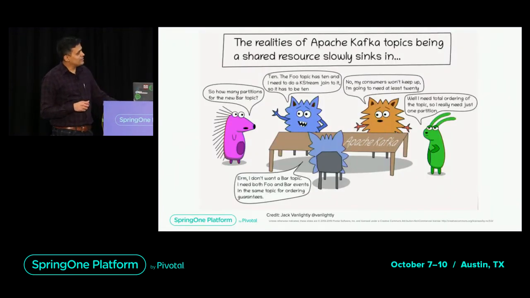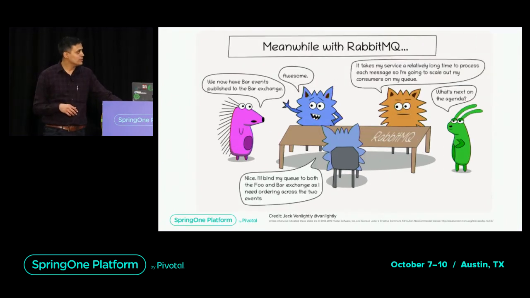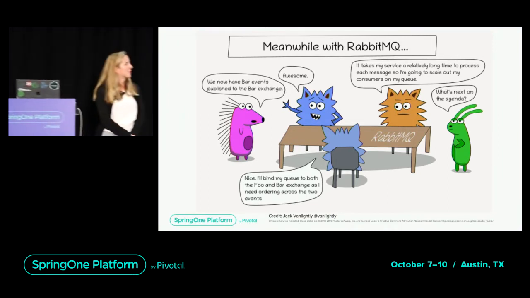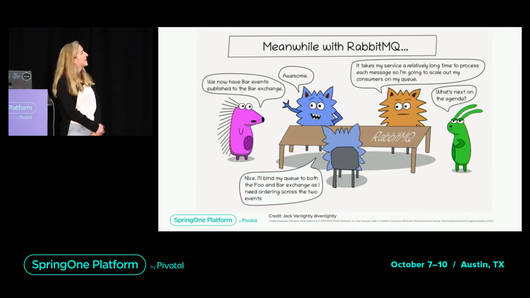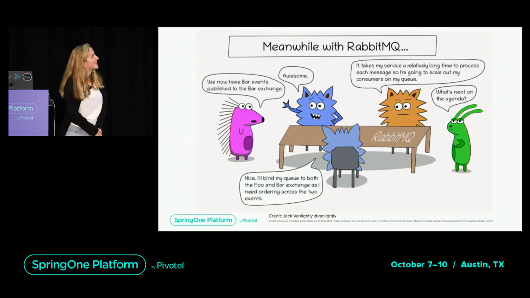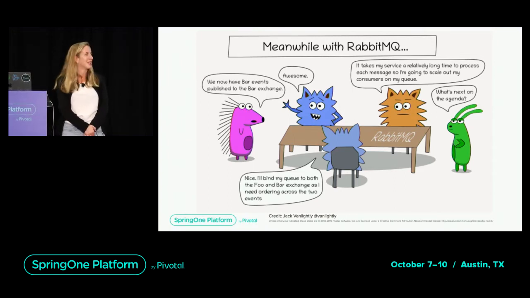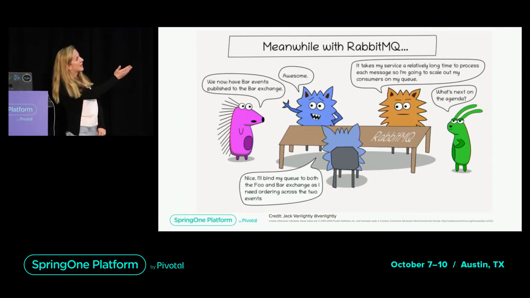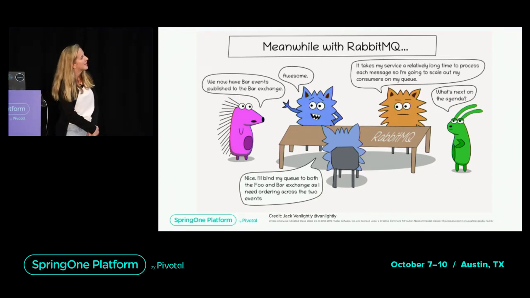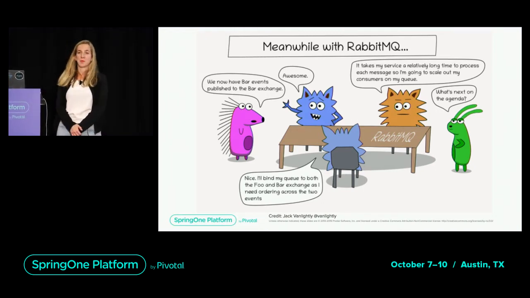This is represented in the cartoon. Our colleague Jack Van Lightly has created an excellent cartoon to represent all of this, and how this can be relatively easily managed if you are using RabbitMQ. Here I mentioned earlier that the consumers and the producers don't need to coordinate. Here we have our pink porcupine saying we now have bar events published to the bar exchange, and we can see that the consuming applications on the right are going to make decisions based on what they need.